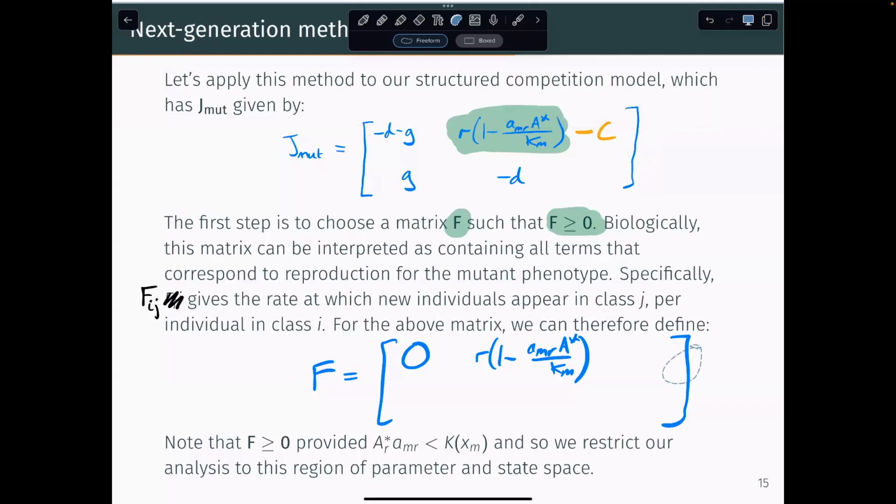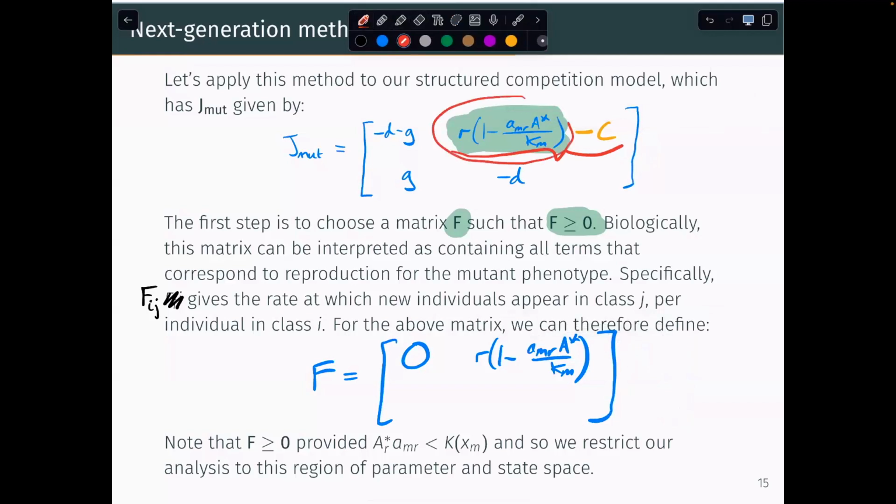I only take the terms from this matrix JMUT that correspond to births. I don't take the whole element. So you can think of this as the ijth element of JMUT, but that might encapsulate many different biological processes. I only want, for my F matrix, the births. So I just take that birth term out. Okay, so it's important to distinguish between the elements of a matrix and the terms within those elements.